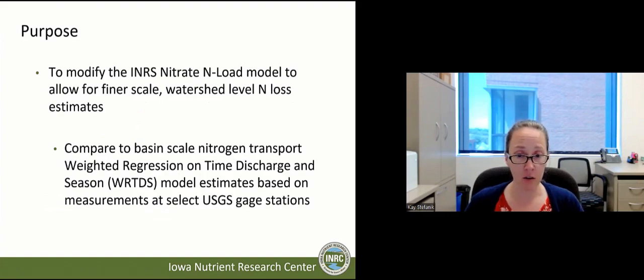For what we're using it for, the model estimates were based on measurements collected at USGS gauge stations in the state. So USGS gauge station actual data went into developing and refining this WRTDS model, and then we're comparing the output from that WRTDS model to what we get from our modified nitrate N load model.